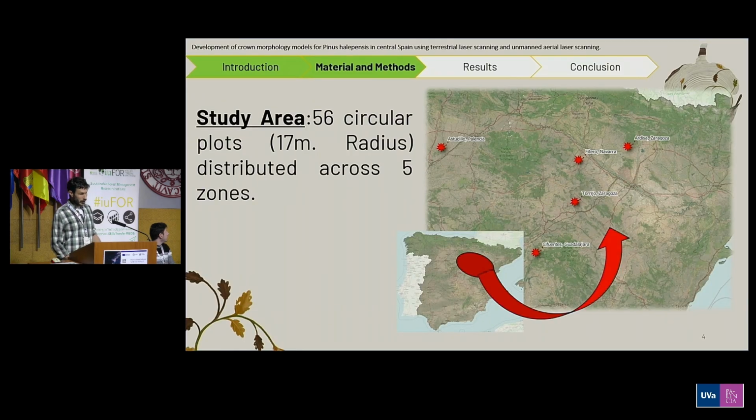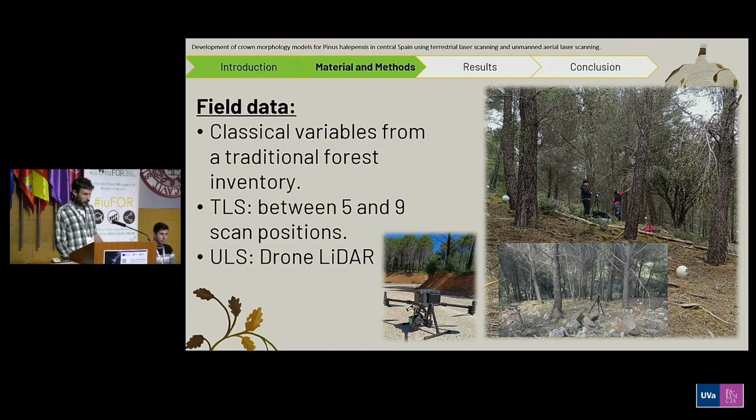So our study area is in these 5 zones, in Palencia, Navarra, Zaragoza, in Guadalajara, in Navarra. We measure around 10 or 12 plots with 17 meters radius. And in every plot, we measure classical variables from a traditional forest inventory.